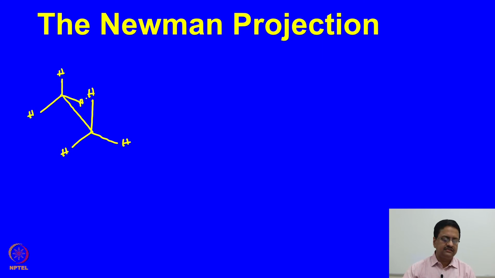so in this projection, we now look at the molecule from this side. When you are trying to see the molecule from the side of one carbon, the front atoms are projected towards you and the hydrogens on the back carbon are projected away from you.